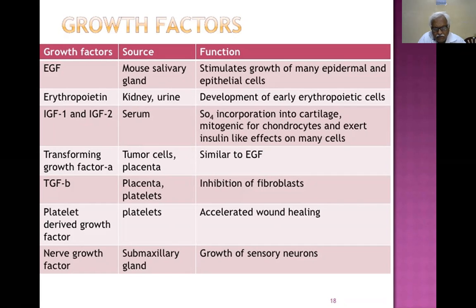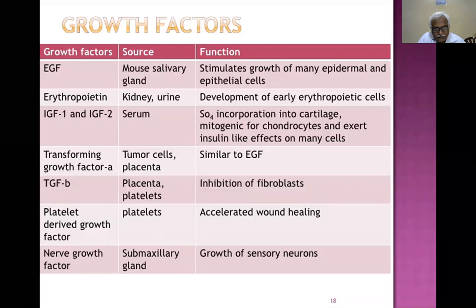All these things will fail and be rejected. But ultimately, platelet-derived growth factor accelerates wound healing. And for that, you should definitely have the basic information about the placenta. From the placenta, we will collect all the cells. That is possible nowadays.